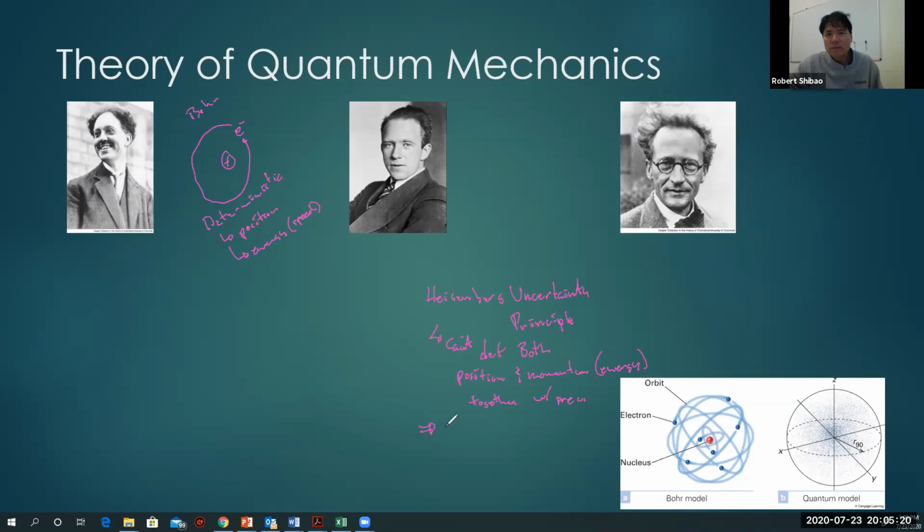For us, we determine energy with high precision, but the position will be very low precision. In other words, the position will be uncertain, but position will contain uncertainty.